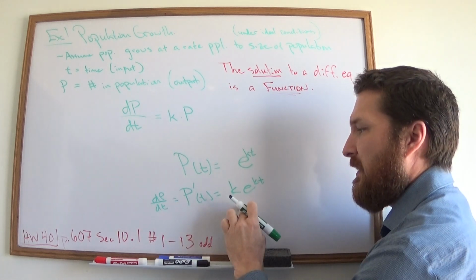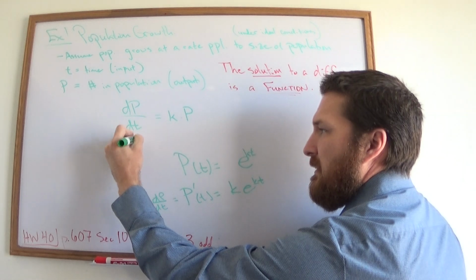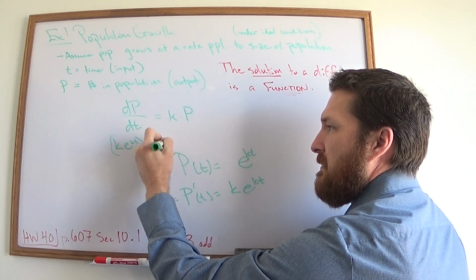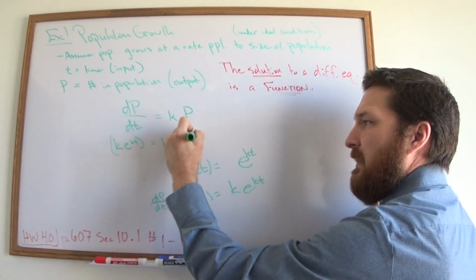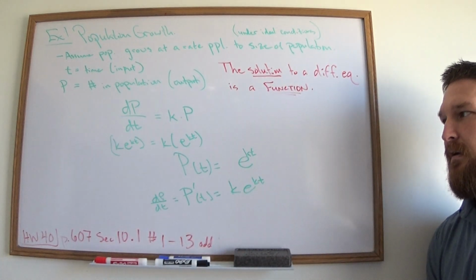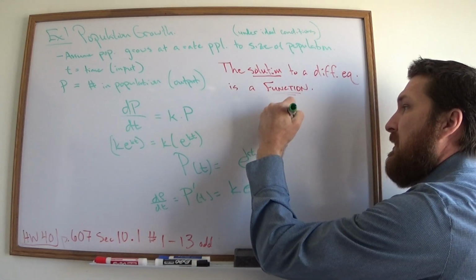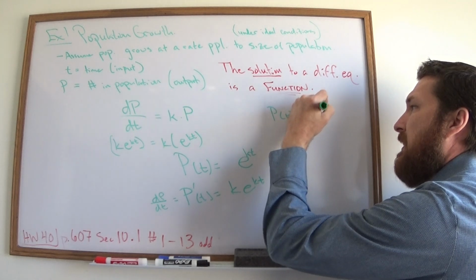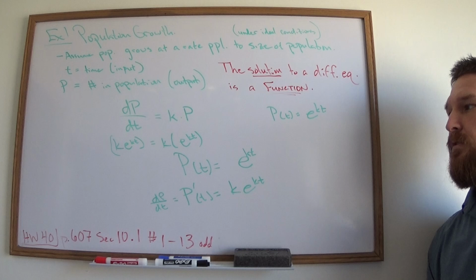And so let's just plug that in. dp dt equals k e to the kt. Is that the same thing as k times, and we just said p itself was e to the kt? Does that work? Yeah. It does work. So p of t equals e to the kt is a solution to this differential equation.